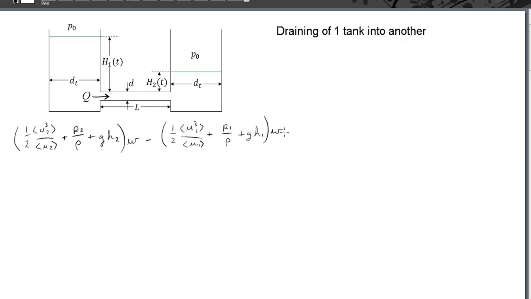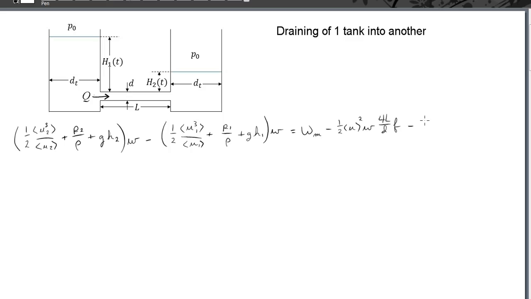times W, and then this is now equal to the rate at which work is done in the system by moving surfaces, minus 1/2 average U squared times the mass flow rate W times 4L over D times f, which will be the viscous losses due to the friction factor in the pipe.